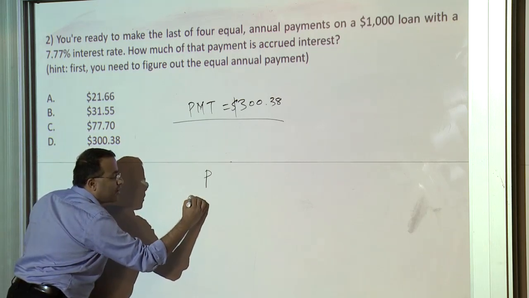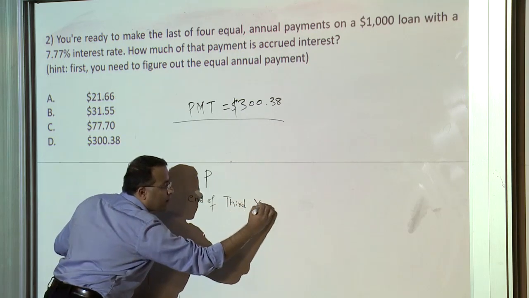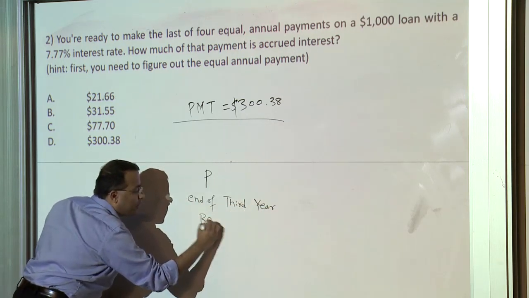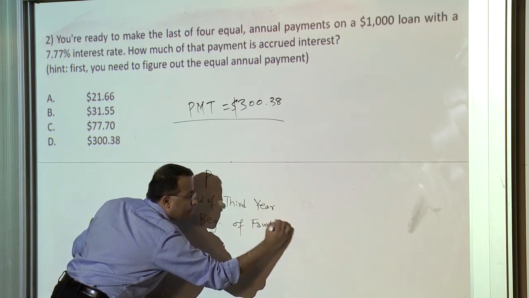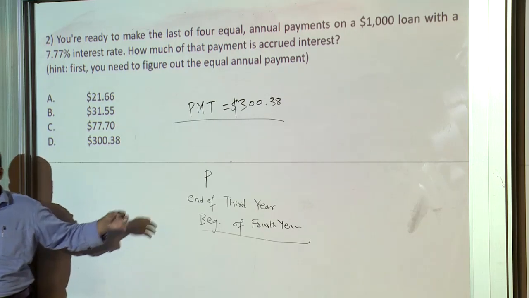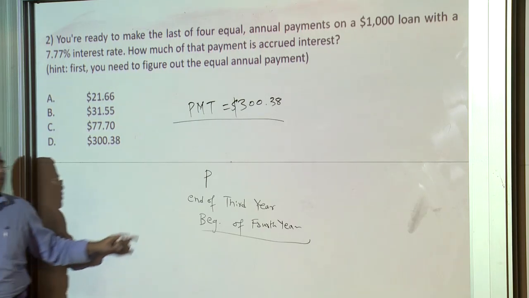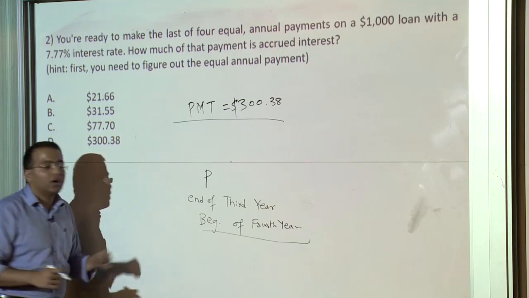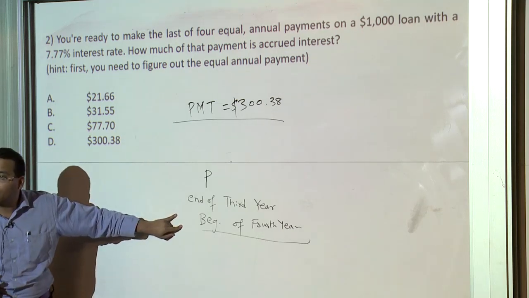Okay, so let me just call this end of 3rd year, or the beginning of 4th year. From a finance point of view, both of these mean the same to us. Okay, the end of the 3rd year is the beginning of the 4th year. Okay, so the point is we need to try and find out. Let's assume that the amount that this individual owes to the bank at this point in time is P.